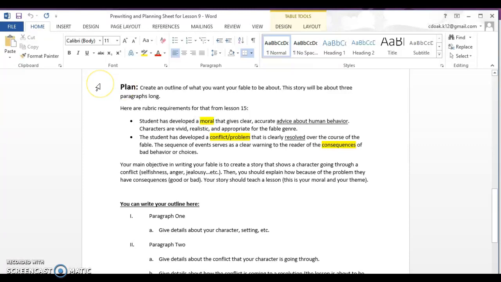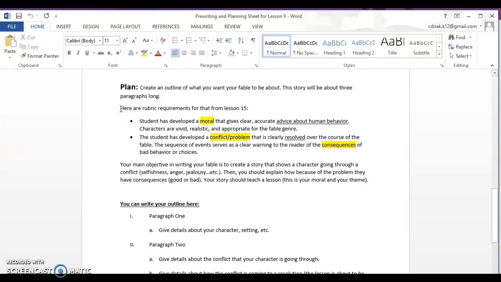And you won't be like, I don't know what I'm writing, I'm just writing down random words, okay? So think back. We said each paragraph should have one topic. So that's what I'm trying to help you with here, okay? So create an outline of what you want your fable to be about. This story will be probably about 3 paragraphs long, okay?